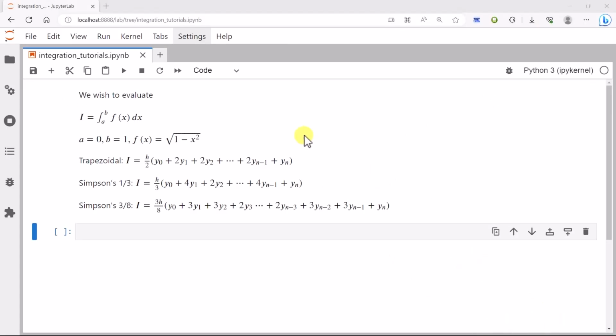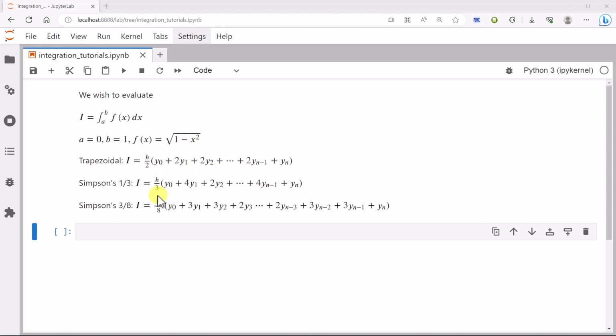Here I have opened my Jupyter notebook and I have written here the problem in question. So here we are interested in evaluating this integral a to b f(x) dx. a is 0, b is 1, f(x) is root over 1 minus x square.